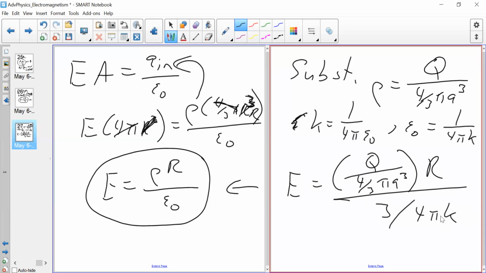And you do all your stuff here, crossing everything out. And so we're left with, in terms of the Q, this Ke can be flipped up, or this Coulomb constant. It becomes KQ over A cubed times R.